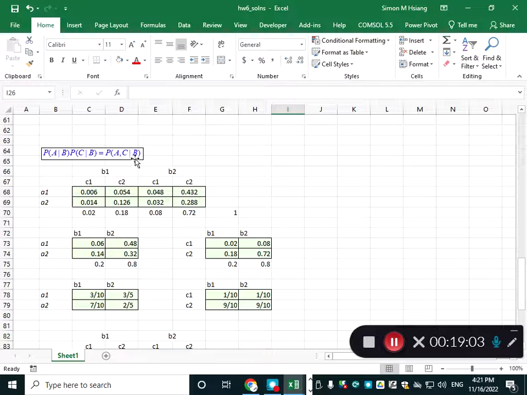The hot and sour soup way says: given B, figure out A and C, which is equal to B over C. Given B, C, and given B, A. This means P(AC) equals P(A) times P(C). That's independent, but A and C cannot be independent unless given B. So B is the Indian food, and A and C are the hot and sour.